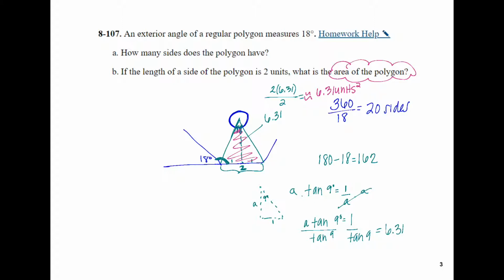So we know that it has 20 sides, so we're going to take 6.31 and multiply that by our sides of 20. So 6.31 times 20 tells us that the area of our polygon is approximately 126.2 units squared.